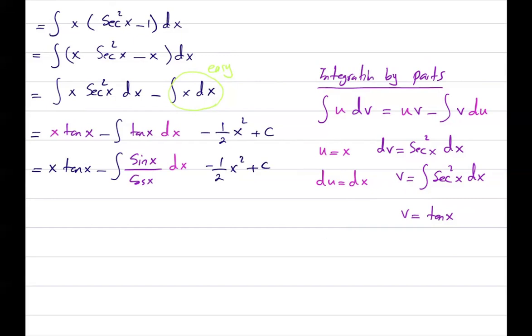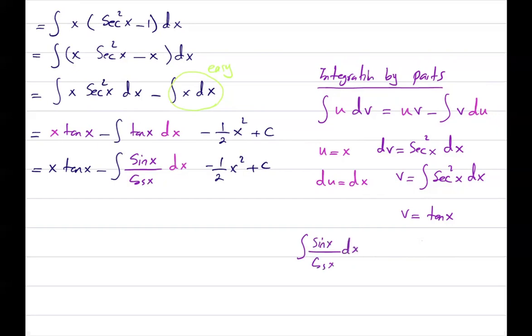When you're calculating the integral of sine x divided by cosine x dx, you have a choice of using ln. Let me use the same color, then show you what substitution we use in calculating the integral of sine x divided by cosine x dx.